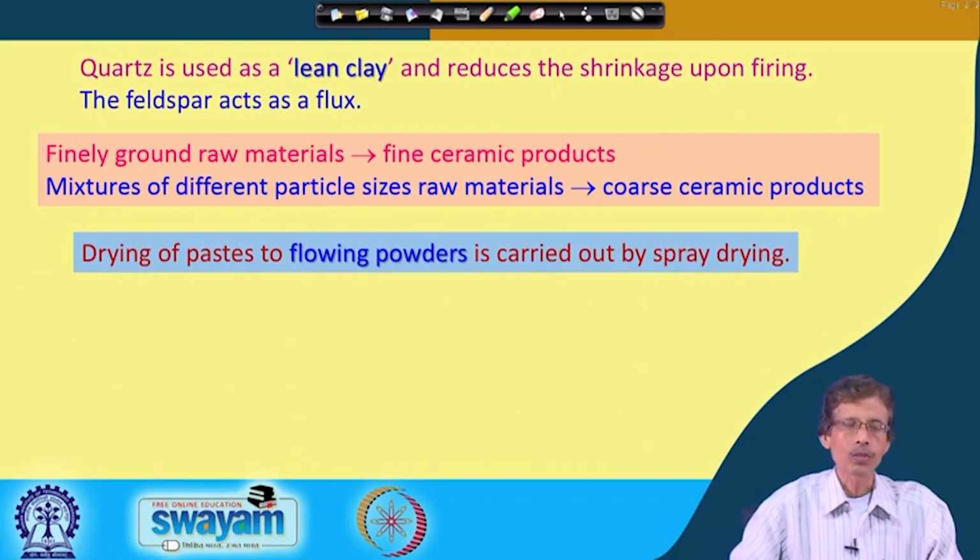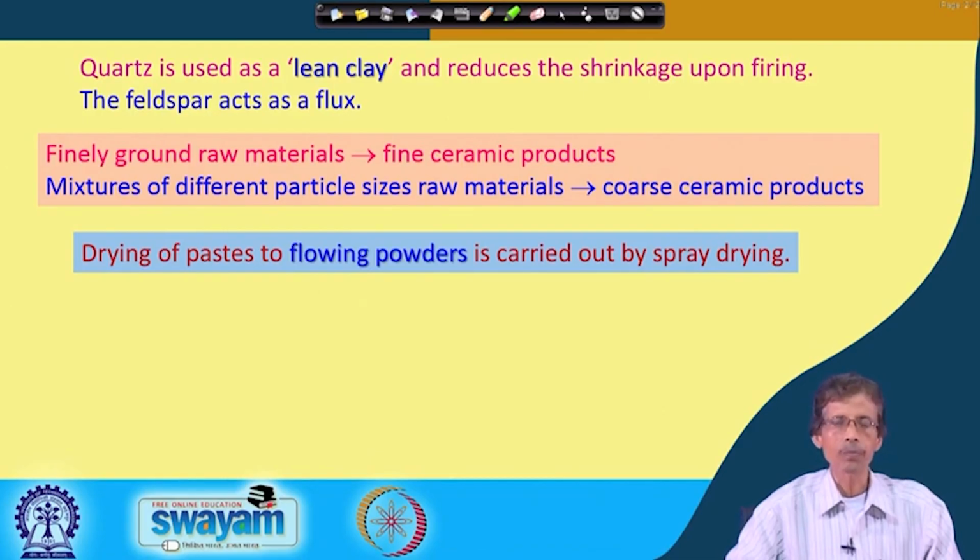And then once you get the raw material in your hand, the next step will be the drying of this paste to free flowing powders. You get the material, then you just dry it, because otherwise it can be a sticky material. The drying process of that particular paste gives you a type of powder which is freely flowing.